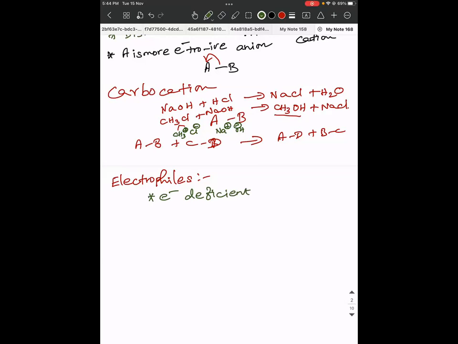They are electron loving. Because an electrophile is electron deficient, wherever there is an electron, it will attract and attack it, so they are electron loving species. They are positively charged or neutral.